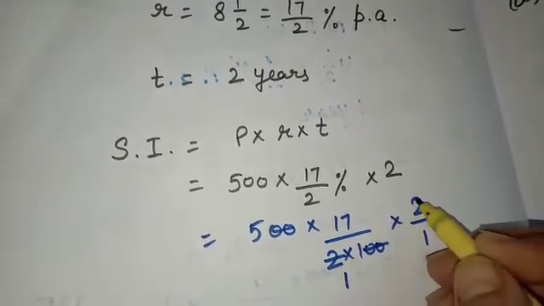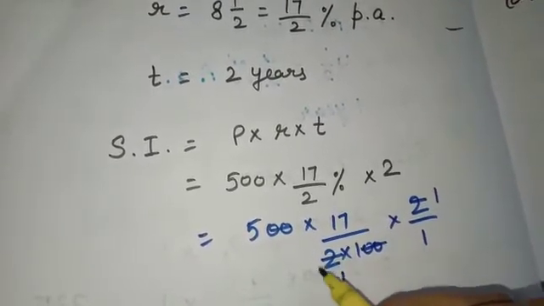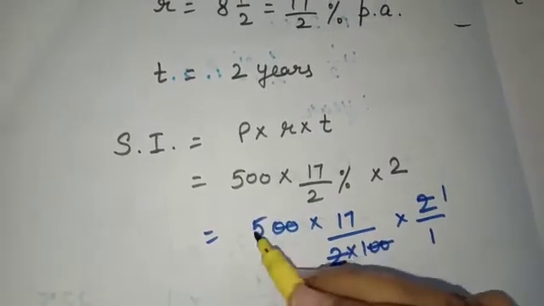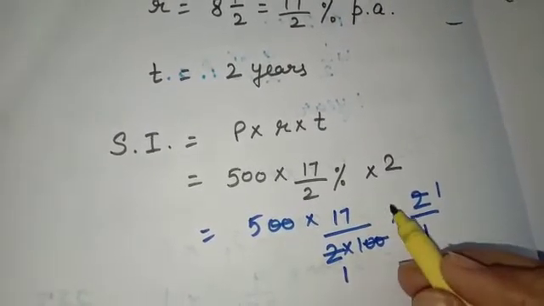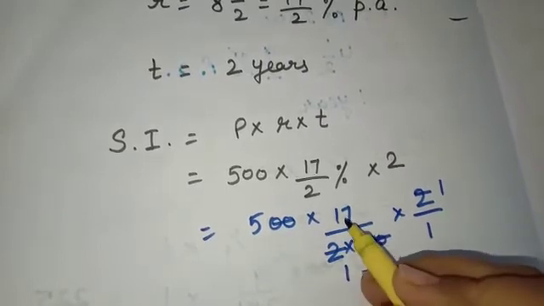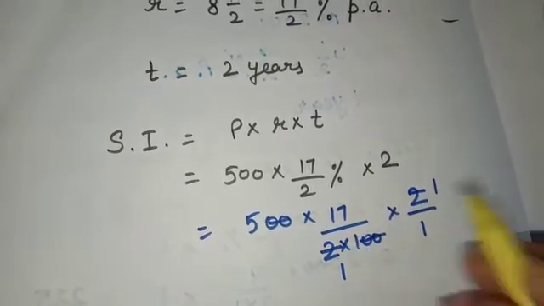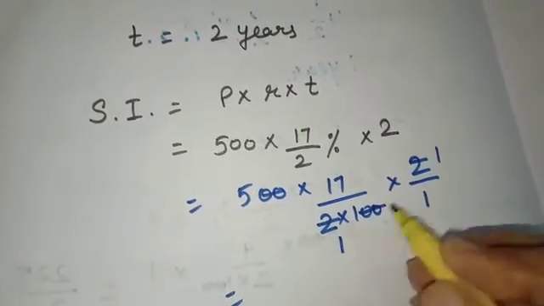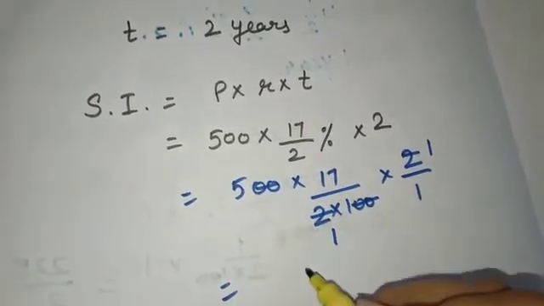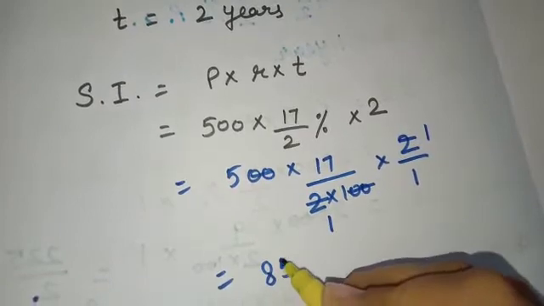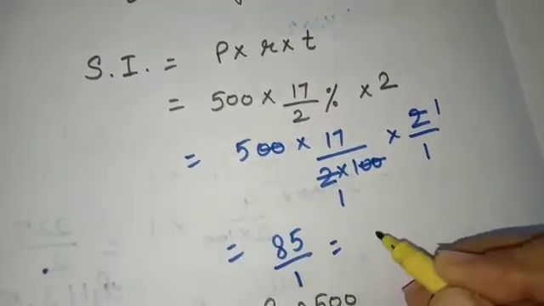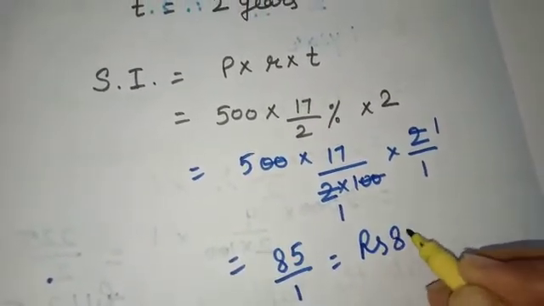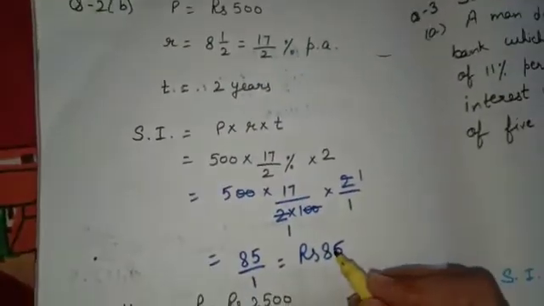This denominator can be cancelled with any one of the three: principal, rate or time. So now the 2 is cancelled. As the denominator is finished, 5 17s are 85, 85 1s are 85 by 1, which is rupees 85. This is the simple interest.